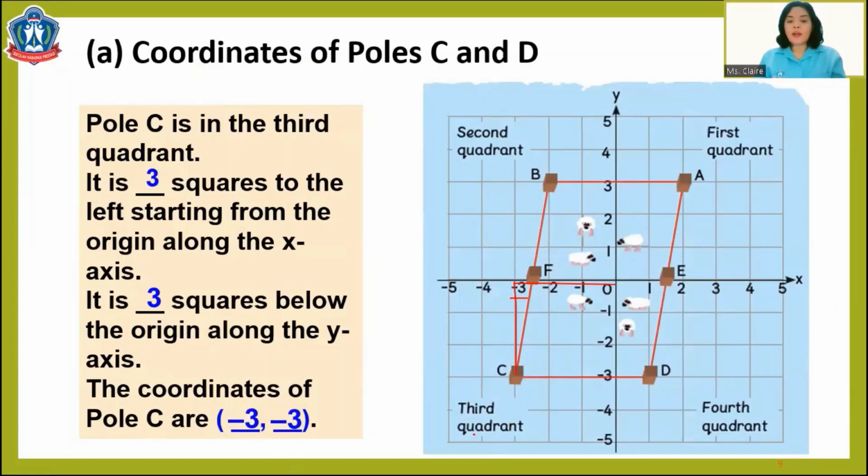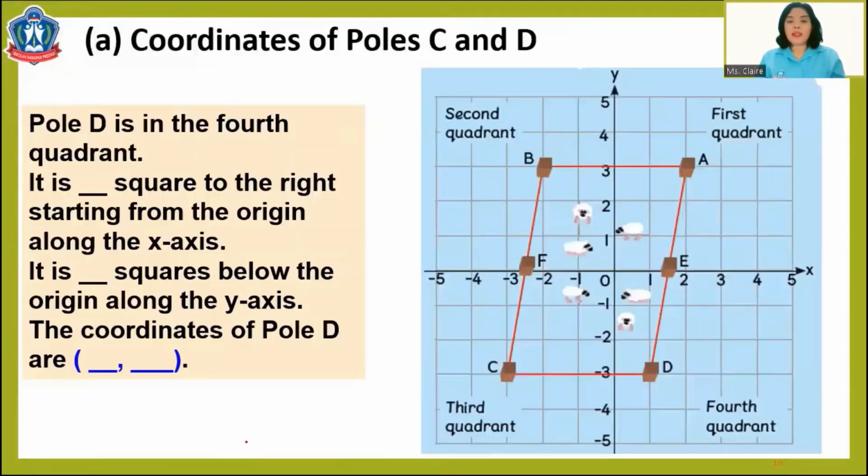So in the third quadrant, children, the coordinates are both negative. Take note. How about pole D? Pole D is 1 square to the right, starting from the origin, and 3 squares downward. So the coordinates are 1, -3. In the fourth quadrant, the coordinates are positive and negative.